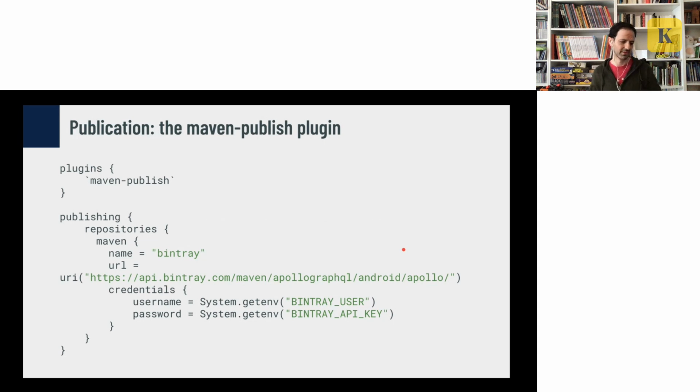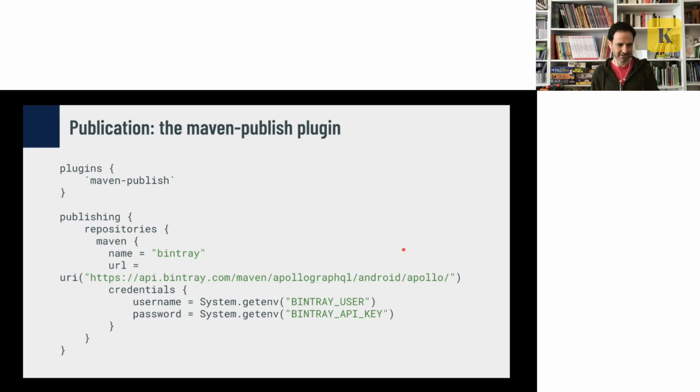To do that, we use the maven-publish plugin. So we didn't have to use any Bintray plugin or any other plugin, just the standard maven-publish plugin from Gradle allows us to publish all our modules. And the nice thing is that if you're using the Kotlin multi-platform plugin at the same time, the multi-platform plugin will create all the software components to use in maven-publish.